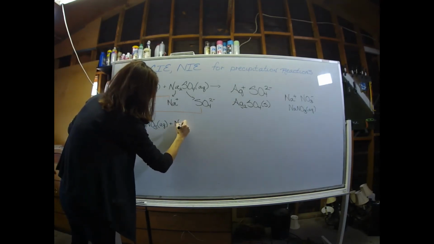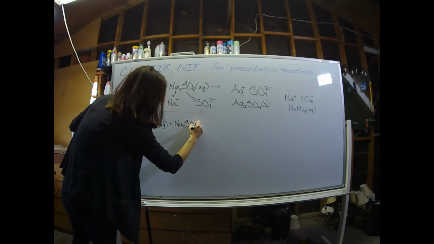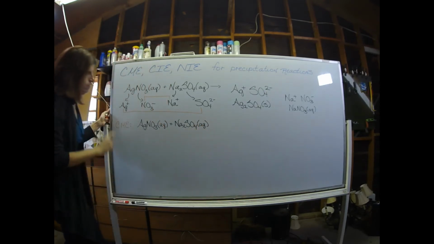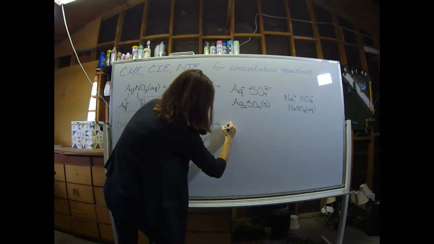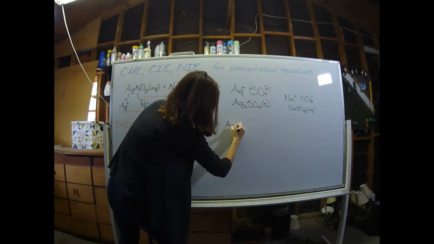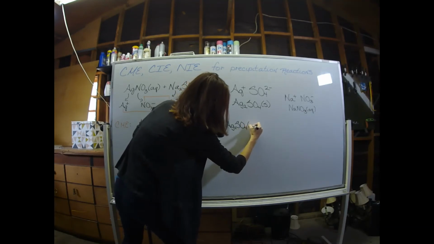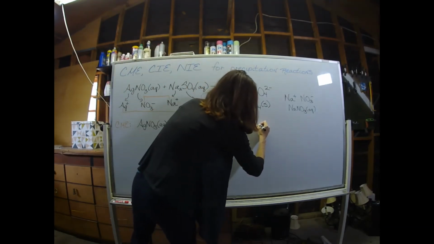It's a lot of writing, so it's easy to forget something. And then on the product side, we got this solid silver sulfate that forms, and sodium nitrate, which will be aqueous.